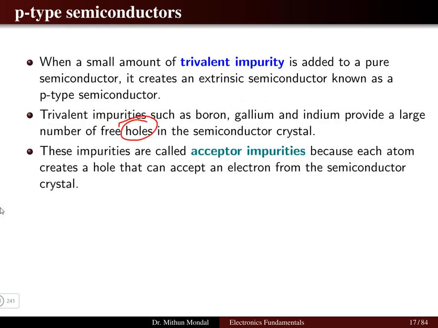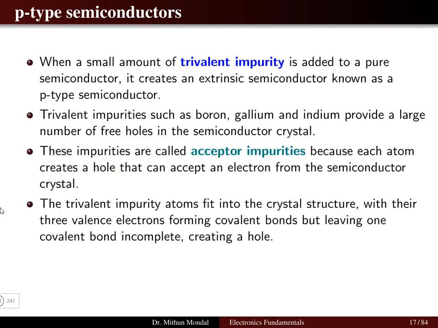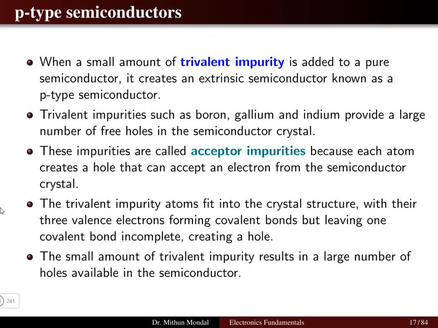These impurity atoms are acceptor impurities with 3 valence electrons, so one hole will be formed with one atom. The reason is that you have 3 valence electrons and we require 4 electrons to form the covalent bond. So you have a missing electron, which is known as a hole, and which results in conduction. So again, with a trivalent impurity, the conduction will increase in the semiconductor.